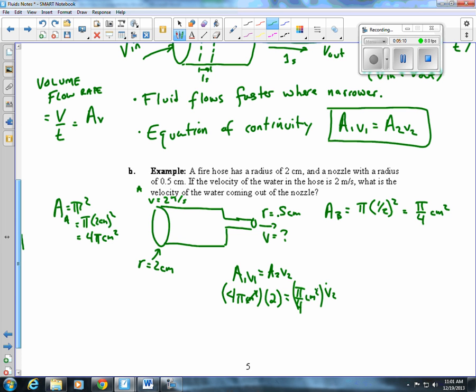So these units will cancel over here. And now this gives me 8 pi equals pi over 4 times v2. I can cancel the pi's. I would cross multiply, and I get v2 is 32 meters per second. So because it's narrower, it's going to be going a lot faster. Instead of going 2 meters per second, when it comes out of the hose, it's going 32 meters per second.